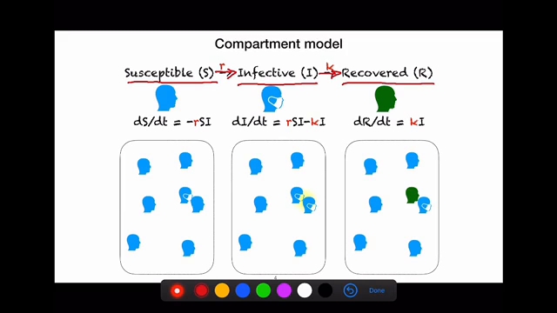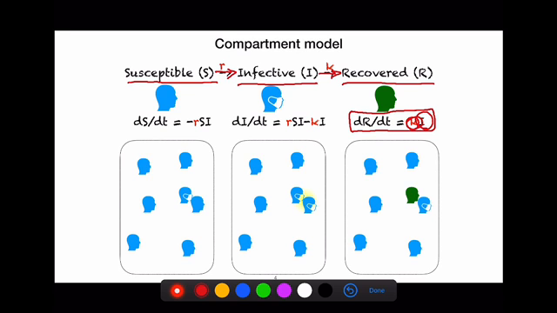But then we realized that this is quite simply one-way flow if you think about the flow from infective to the recovered, because the rate of the increase of the recovered compartment will be proportional to the infective population, multiplied by some kind of rate constant.